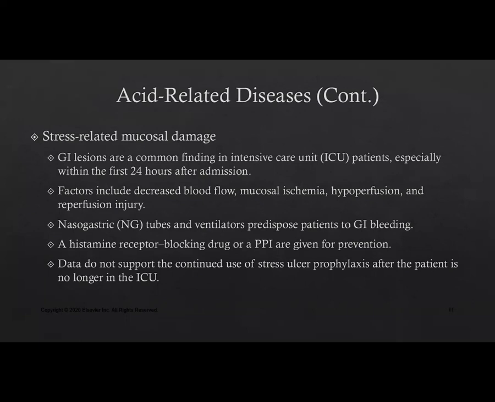A histamine receptor blocking drug or a PPI, that's that proton pump inhibitor, are usually given for prevention. Data does not support the continued use of stress ulcer prophylactics after the patient is no longer in the ICU. So usually we will do all the stress ulcer prophylactics while they're in the ICU, but once they leave, it's a little less so.